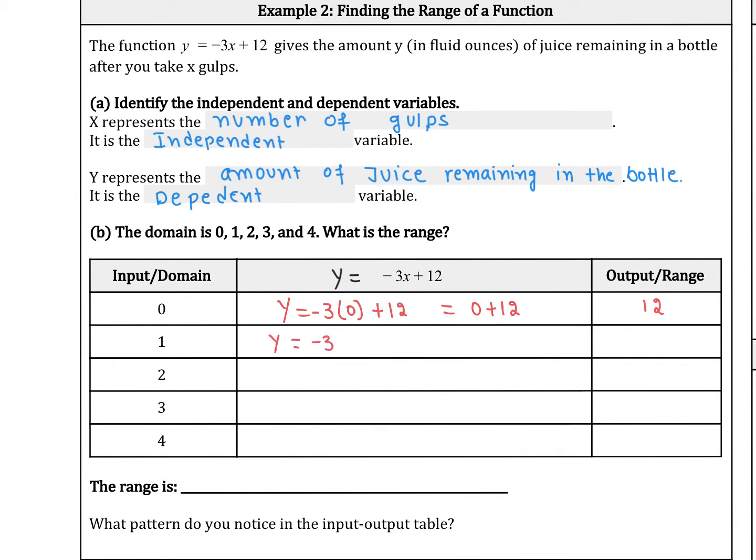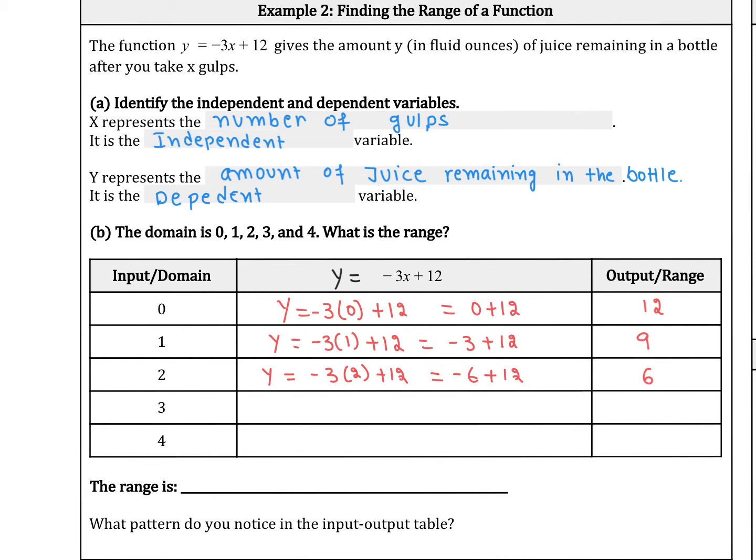I plug in 1 for x. What we have is negative 3 plus 12, and that's going to give me 9. And then we plug in 2. That's negative 6 plus 12, and the answer is 6.